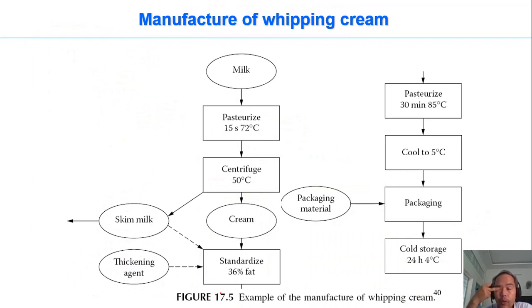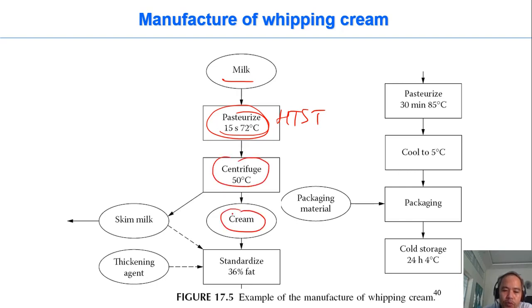How to make whipping cream? From milk, here is normal pasteurization, HTHT pasteurization, then centrifugation to separate. We have two fractions, cream and skim milk. To make whipping cream, of course, we start from cream. The skim milk is for making other products, like skim pasteurized milk, for example.